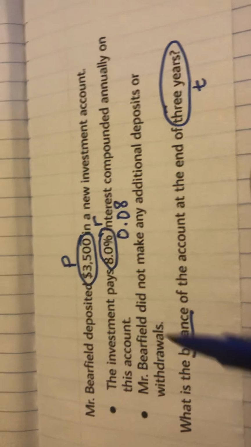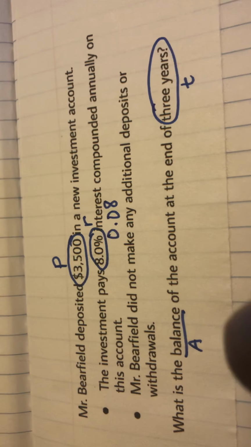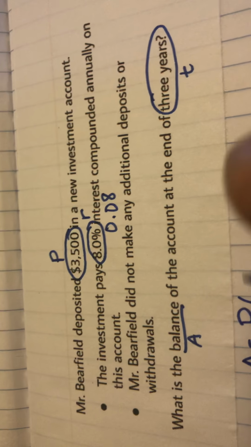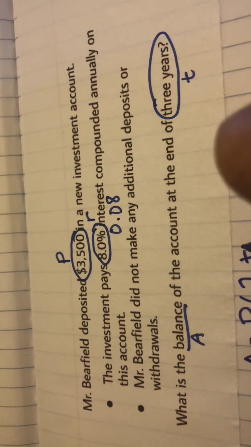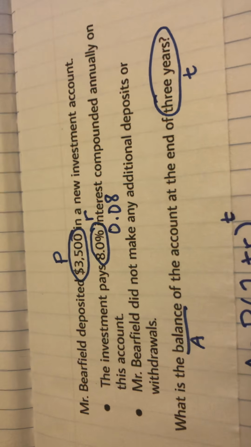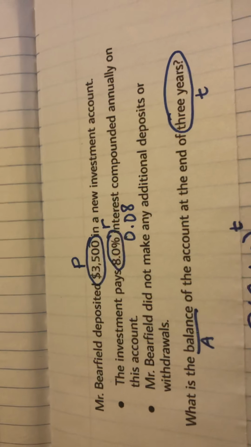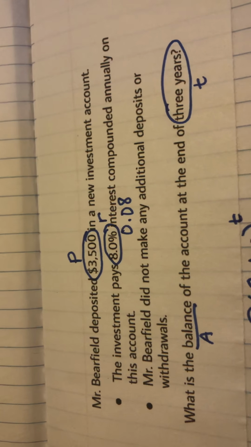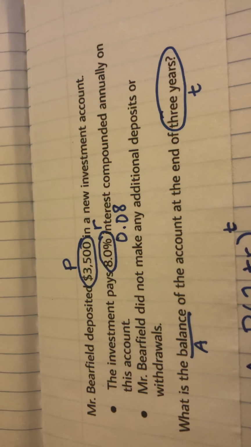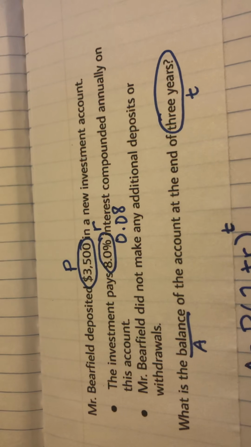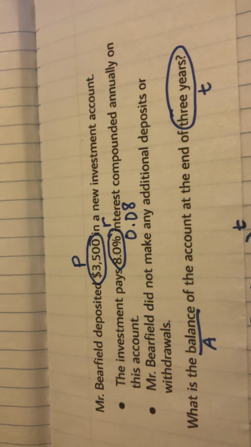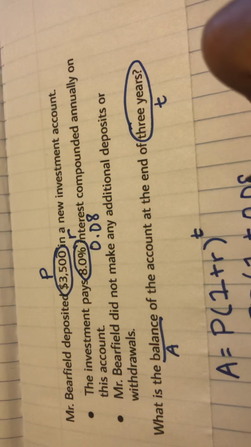So my equation is A equals P times 1 plus my rate raised to the power of time. So my account balance, I don't know what it is. My principal here is $3,500 times 1 plus my rate of 0.08.